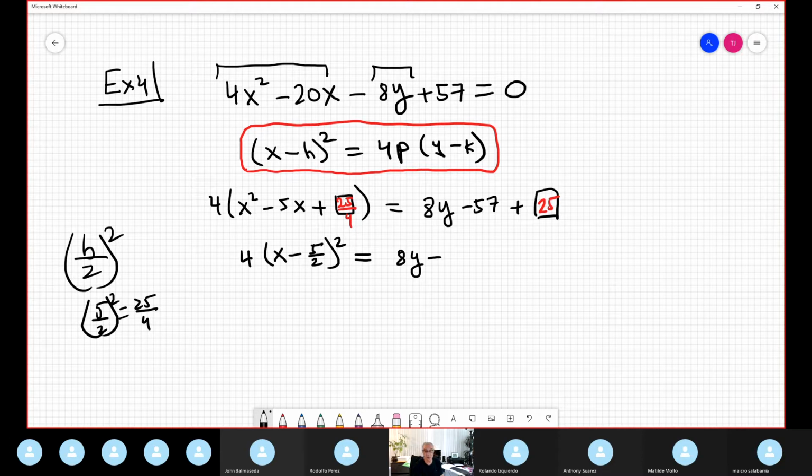Wow, negative 32. Leave it like that? No, because I see 8 is a common factor out, and we have y minus 4.